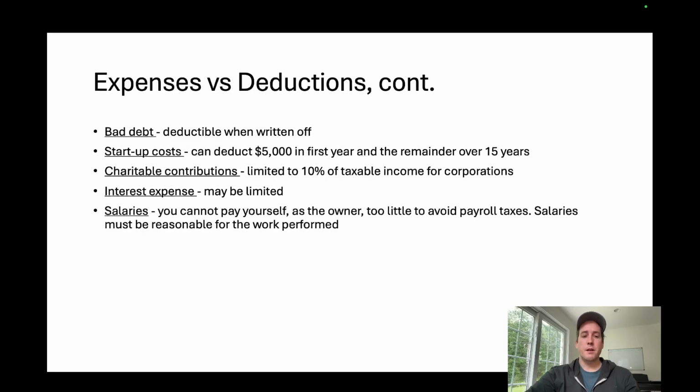Bad debt. So most companies, most large companies, and you might do this as a small business, estimate what their bad debt expense will be. So you might say, oh, I typically receive, over the last however many years, the history has been that I've been paid by my customers 95% of the time.